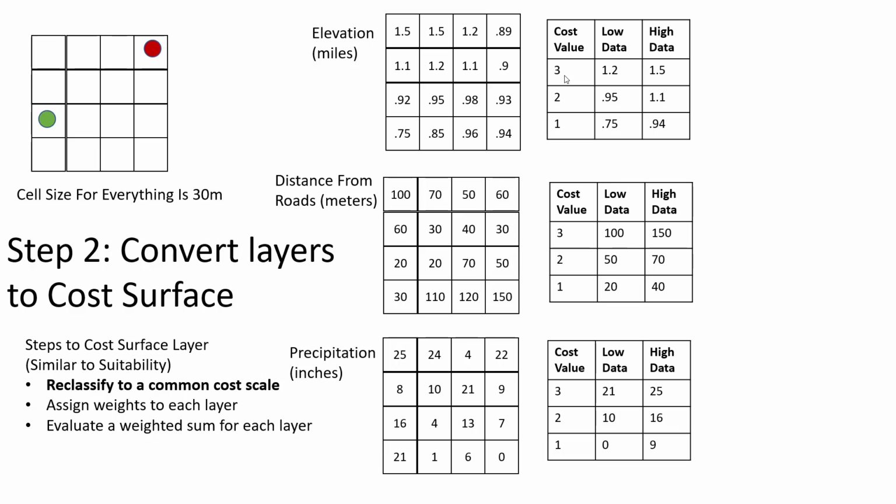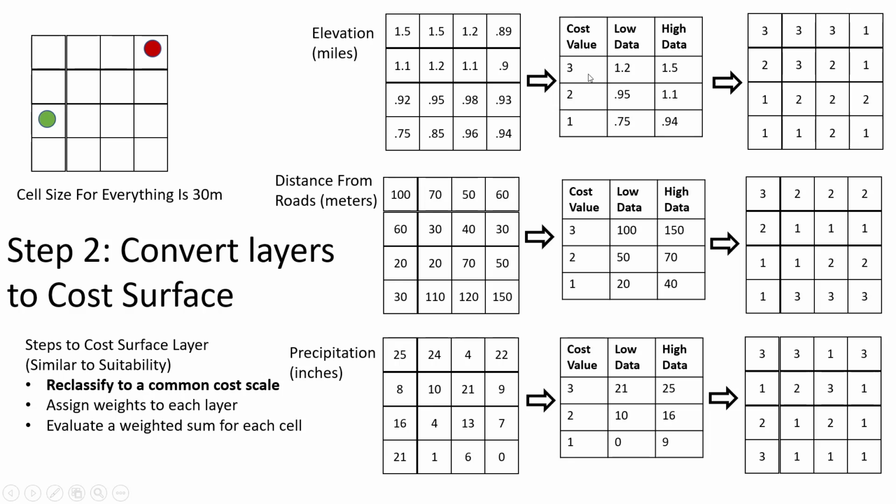So just like with the weighted overlay, what we're going to do is we're going to take in these cost scales and apply a reclassification. So for example, this value of 1.5 gets fed into this reclassification, right? It fits between 1.2 and 1.5.